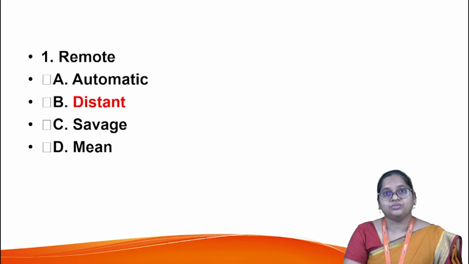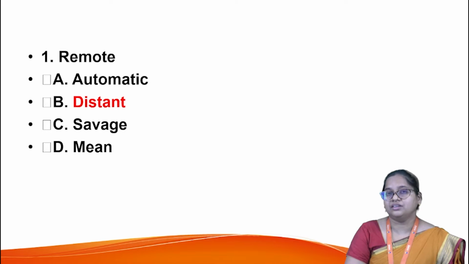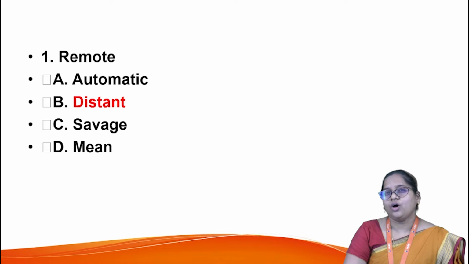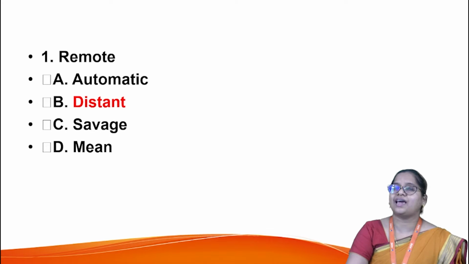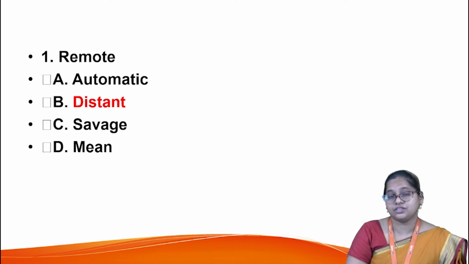So that is all about it. So distant, automatic, savage, and mean. What is this meanness? The meanness is all about the cheap trait, or the lowest capacity, the cheapest and the lowest mark of it. So it's all about the meanness that is shown.